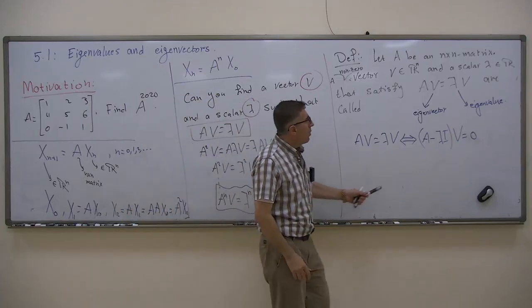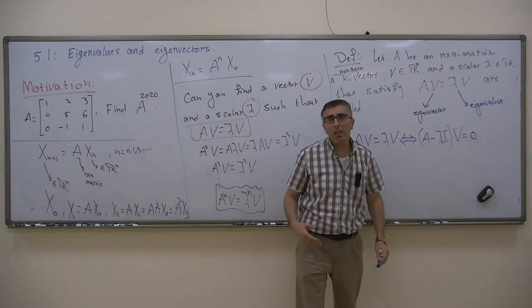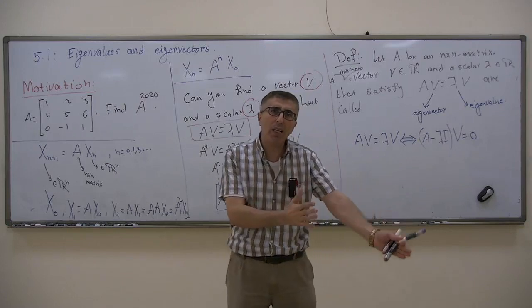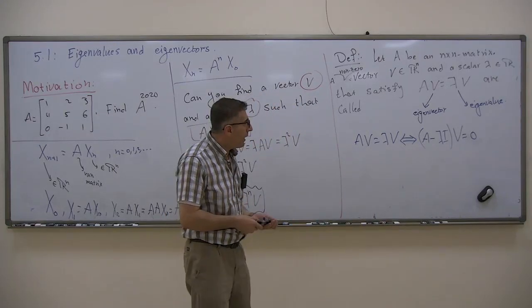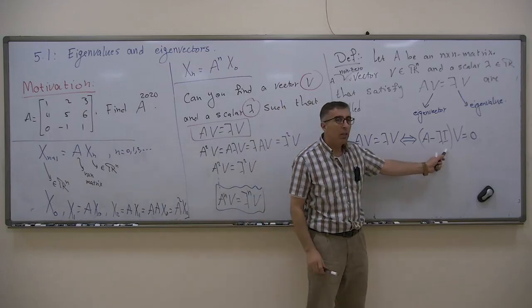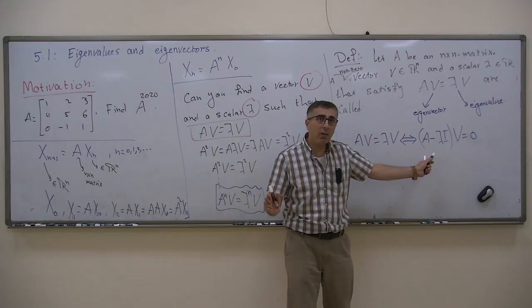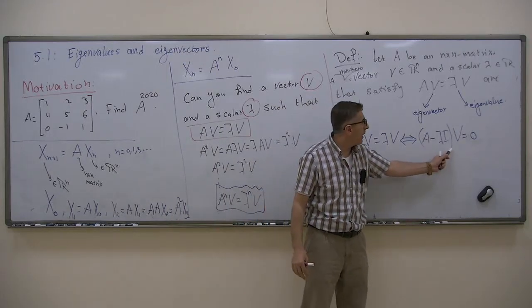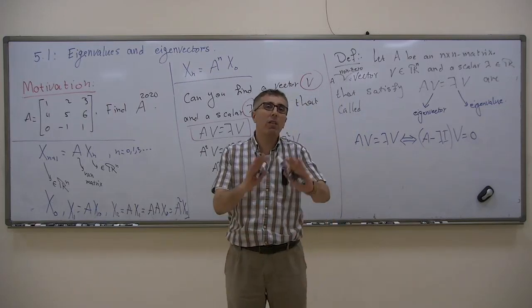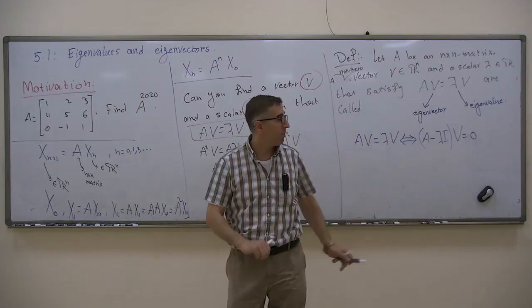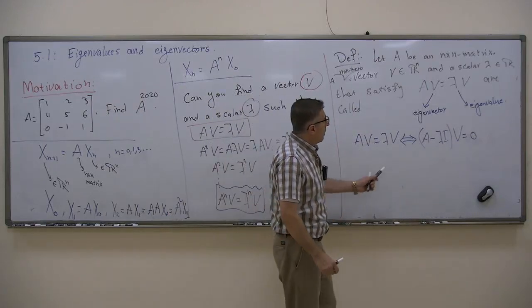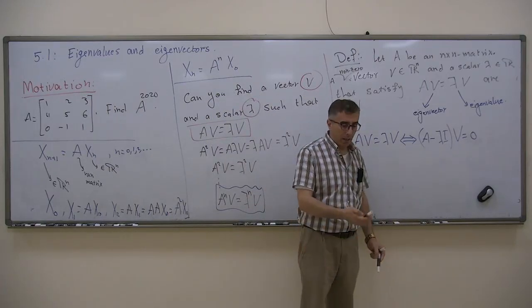We want a non-zero v, which means a non-trivial solution for this linear homogeneous system. So we need this matrix to be non-invertible, because if it's invertible, the only solution is the trivial solution, correct?